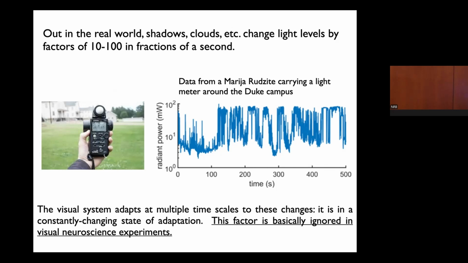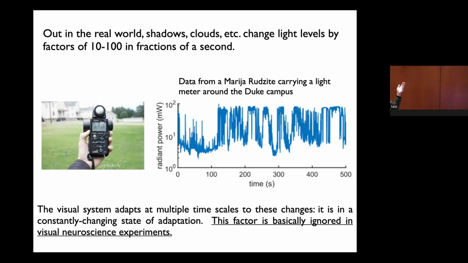As she walks from a shadowy section, like under the shadow of a building or a tree, and walks out from shadow, it's 100 times brighter instantly. And that happens constantly as you walk around. Or if a cloud blows over your location, all of a sudden it's 100 times dimmer than it was a moment ago.